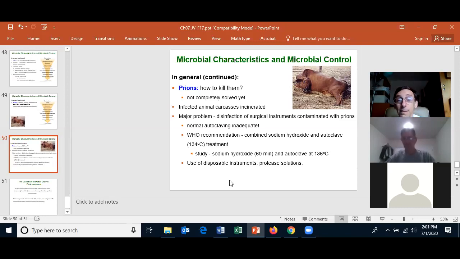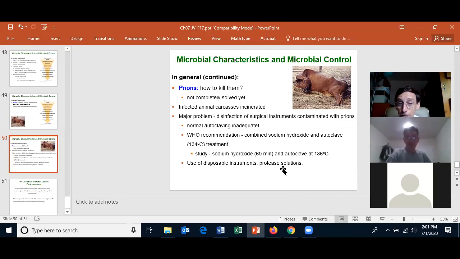But there is one treatment that seems to work on prion-infected stuff, like surgical instruments or surgical tubing or any other hospital tubing. And that is, you can treat it with a protease solution. A protease digests proteins, and prions are made up of proteins.